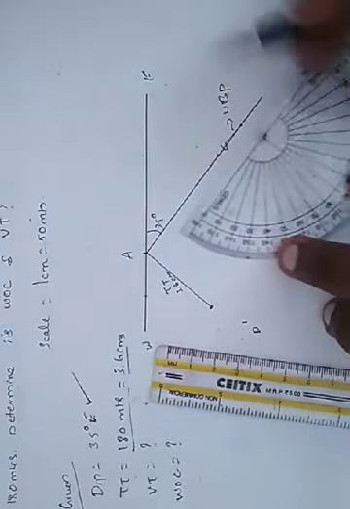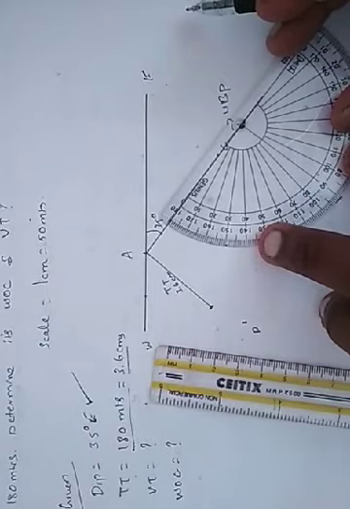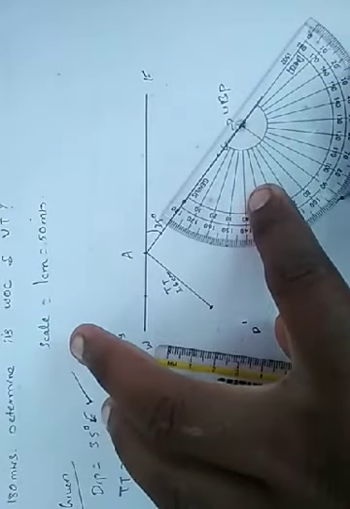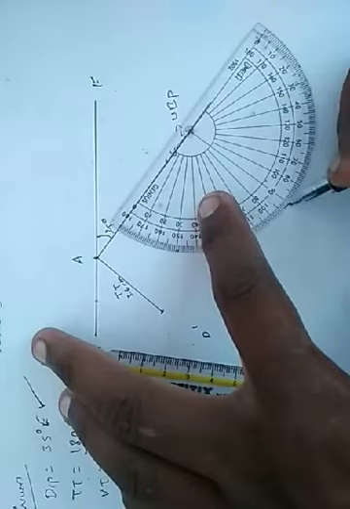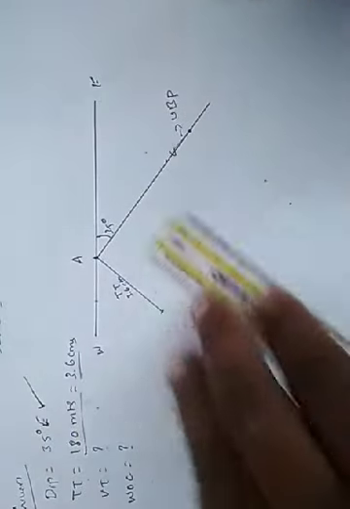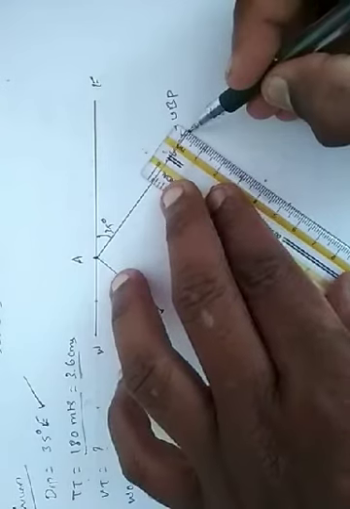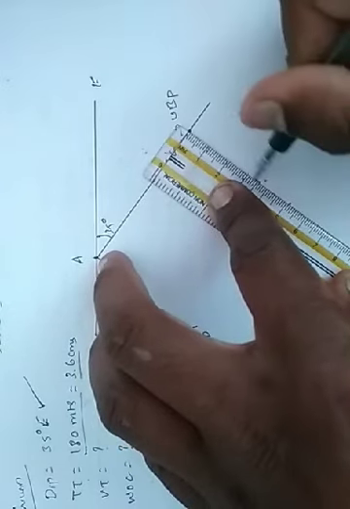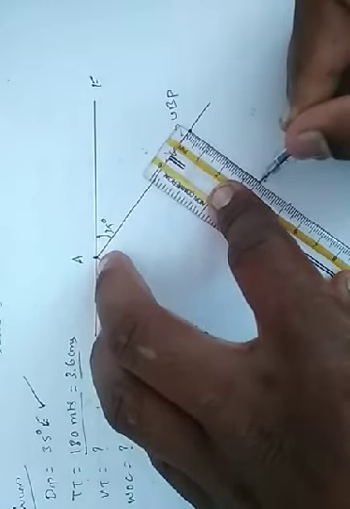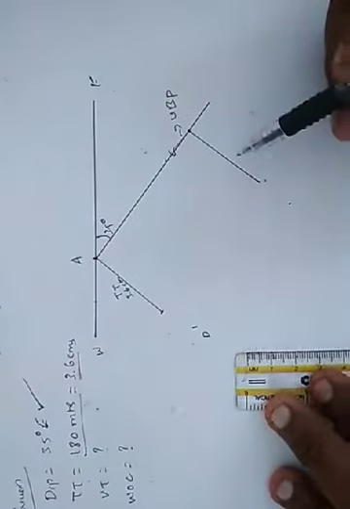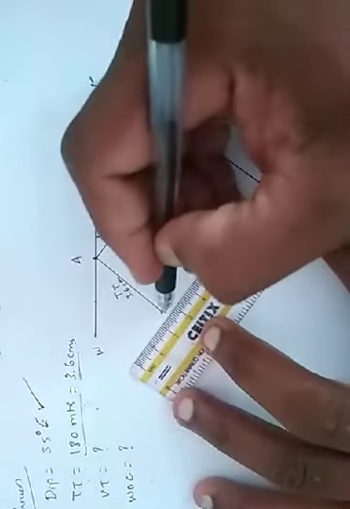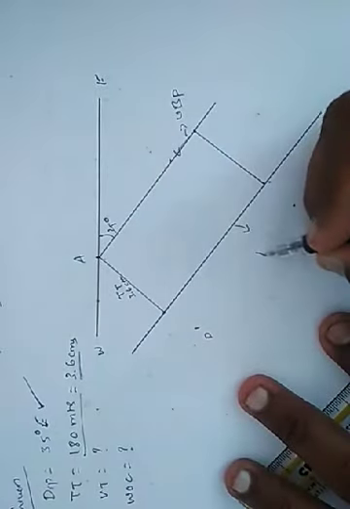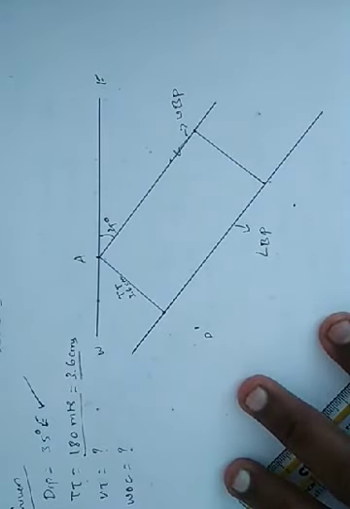So I will place protractor on that point, and again I will mark 90 degrees, and I will use the same measurement here again, that is 3.6 centimeters. So here we have 3.6, again 3.6. Now joining these 2 points we will get the lower bedding plane. So this is the lower bedding plane.